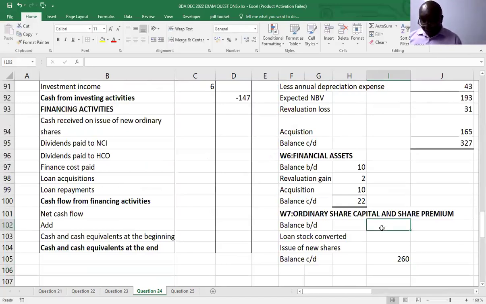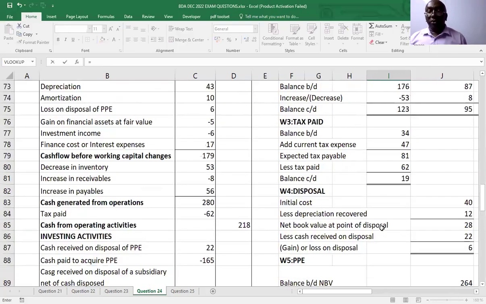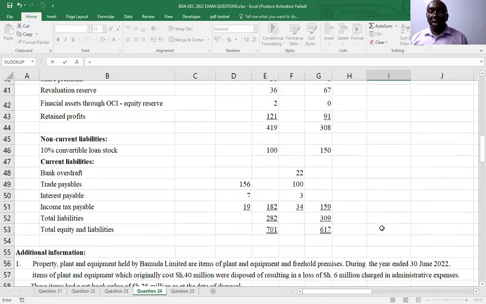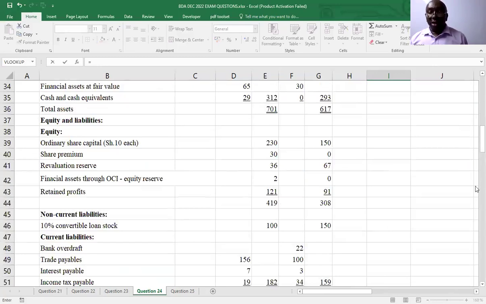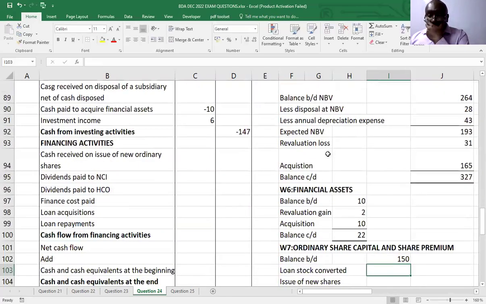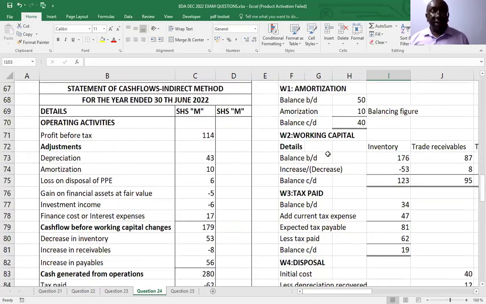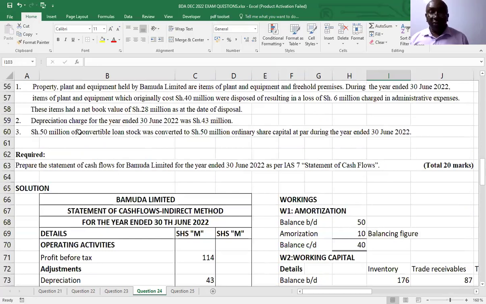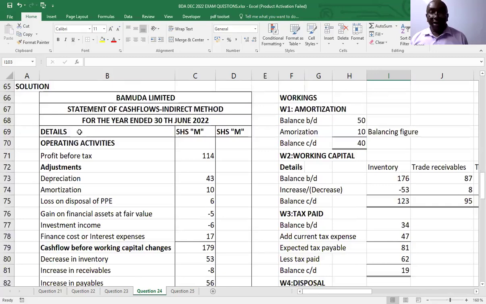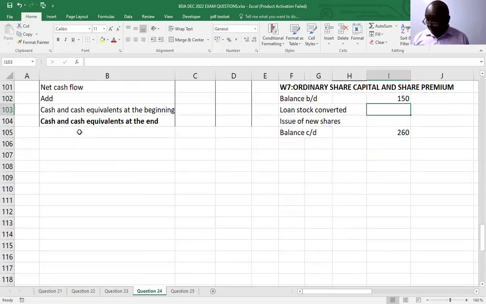My opening is also here, this 150 plus this 0. Sasa, the loan stock converted, that one is just mentioned here as part of the information. So we will just type the figure.